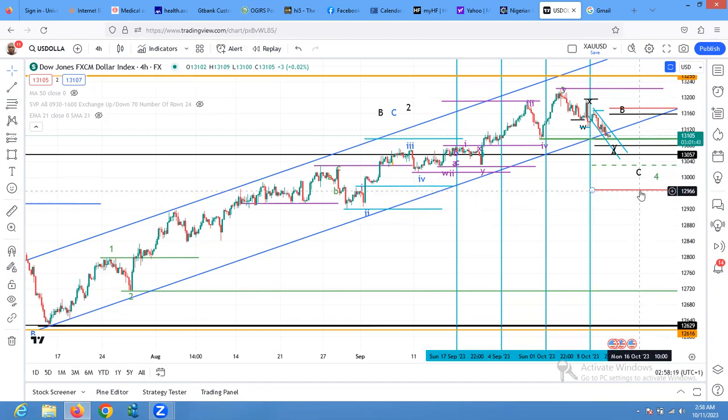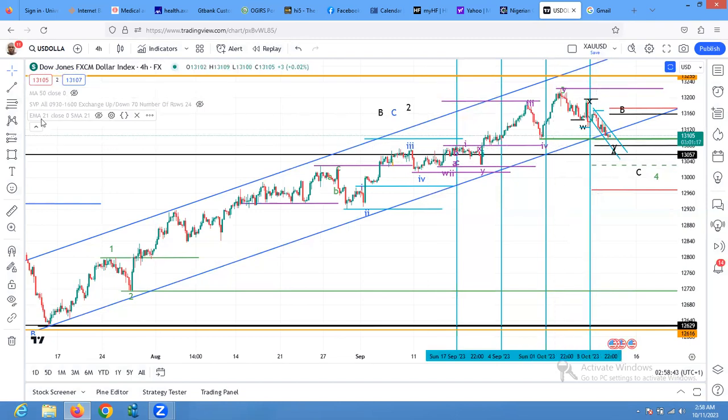If 50 is taken, then you know that it is not a 4 anymore. It's a bigger, probably wave coming down. So that is what you should anticipate. But for now, we are anticipating that it's going to be a 4 based on what we are seeing and counting this structure now.